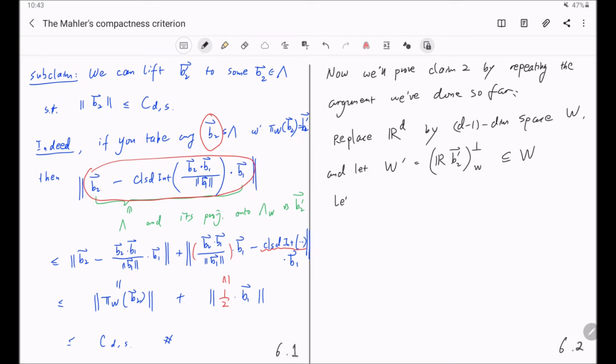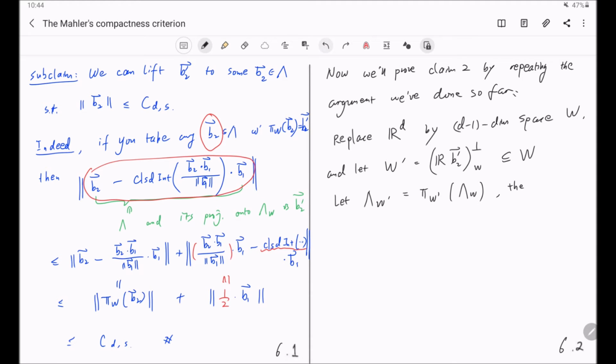And again, you can imagine that we'll take a new lattice, lambda sub W prime. This is a projection of this lattice through the orthogonal projection of W onto the orthogonal complement of W prime.